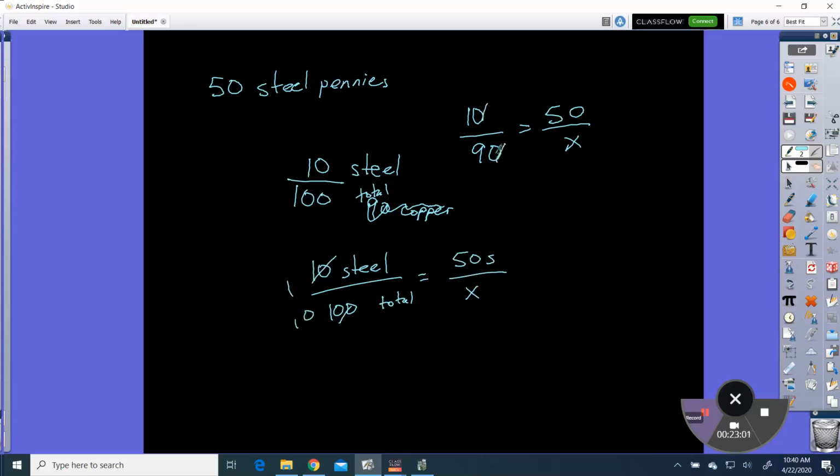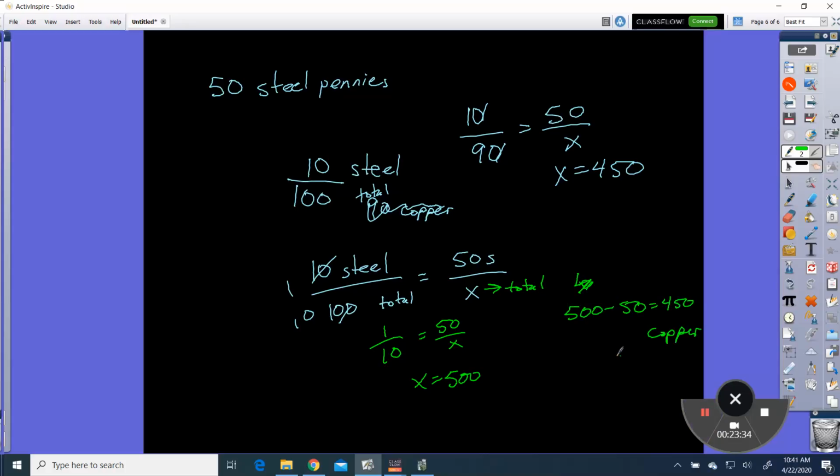In the first setup, this will reduce to be 1 over 9. So 9 times 5 is 45, add the 0, X equals 450. On this one, I have 1 over 10 equals 50 over X. So X equals 500. But realize this is the total, right? So if that's the total, I just need to minus out the 50 steel ones that I put in, and I get that there are 500 minus the 50 makes 450 copper. So it just depends on how you see that problem. Okay.